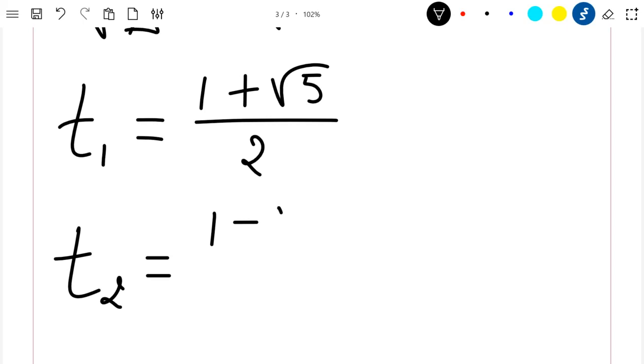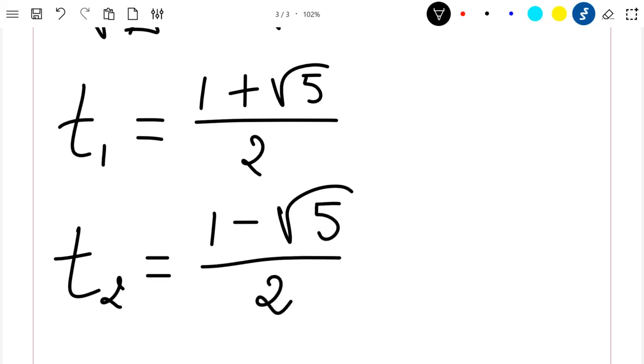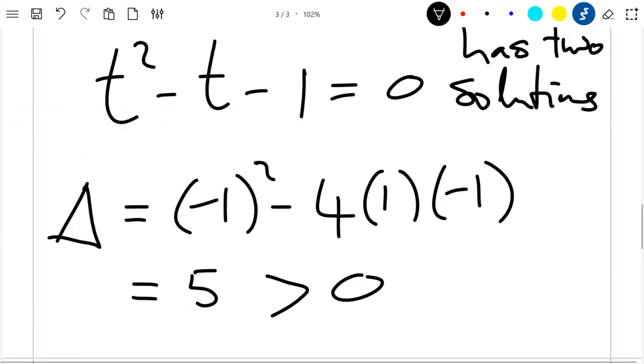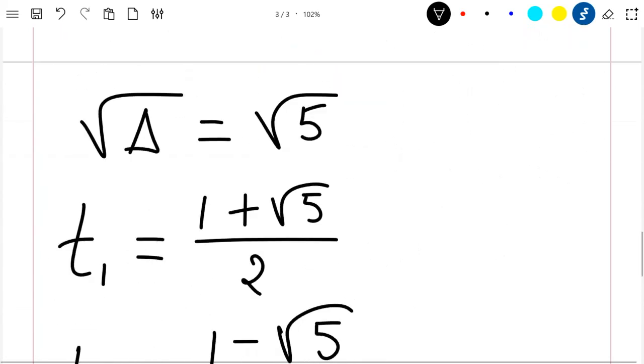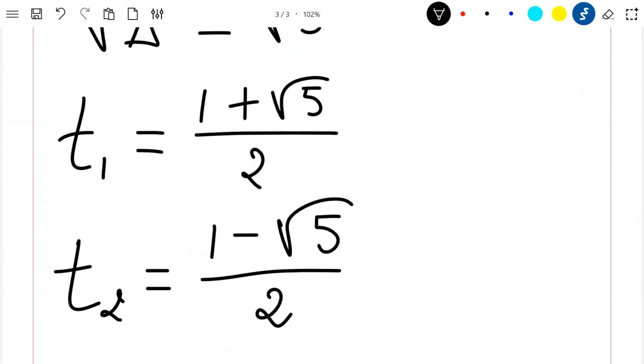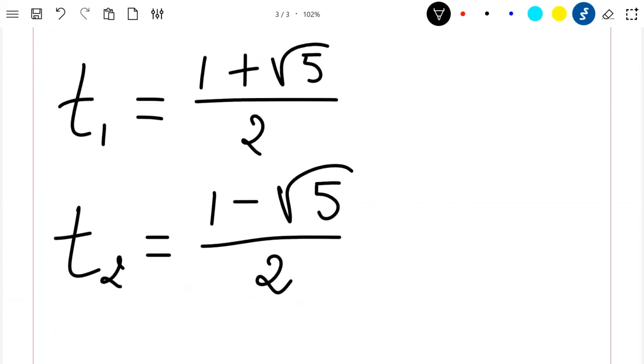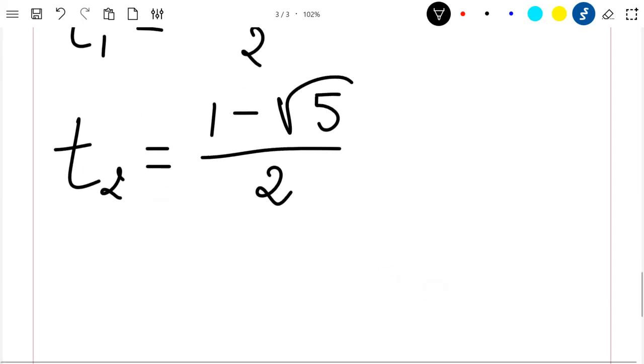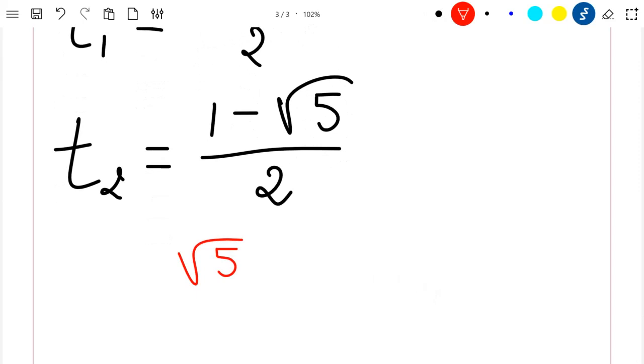I have these two solutions. I can note here that the square root of 5 is greater than 1, so this implies that t2 is negative.